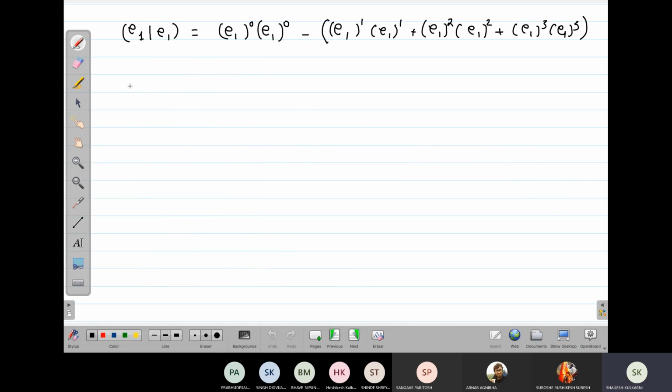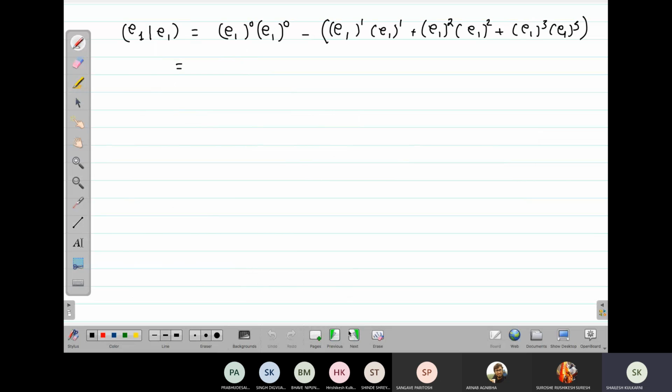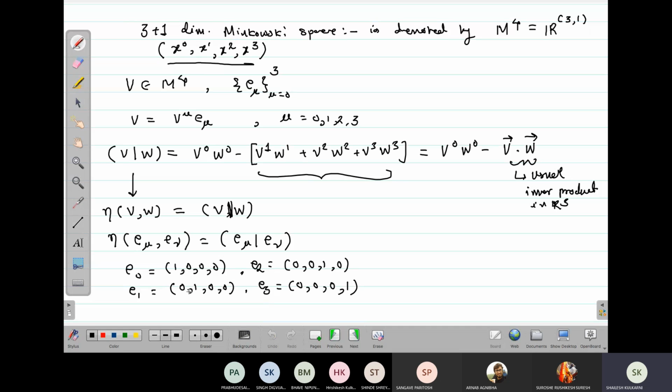So E1 0, what is the zeroth component? Okay, zeroth component is 0, right? So E1 0 will be 0, minus E1 1. What is the first component? This is the zeroth component, first component, second component, and third component.